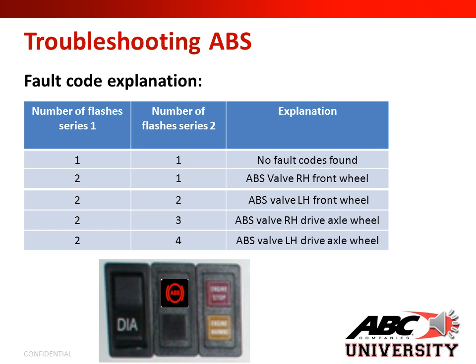And if my ABS light was to flash twice, pause, then 4 times, that tells me the ABS valve left hand drive axle wheel. And again, all these explanations for the flashes are located in your maintenance manual.